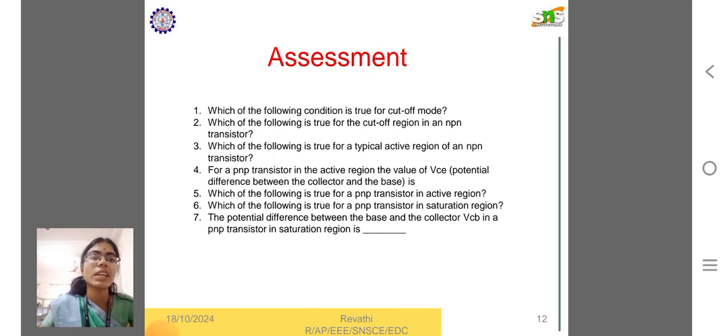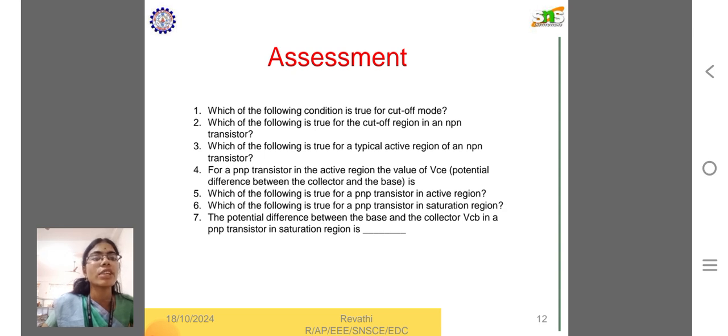Which of the following conditions is true for cutoff mode? Which of the following is true for the cutoff region in an NPN transistor? Which of the following is true for a typical active region of an NPN transistor? For a PNP transistor in the active region, the value of VCE, the potential difference between the collector and the emitter, is?